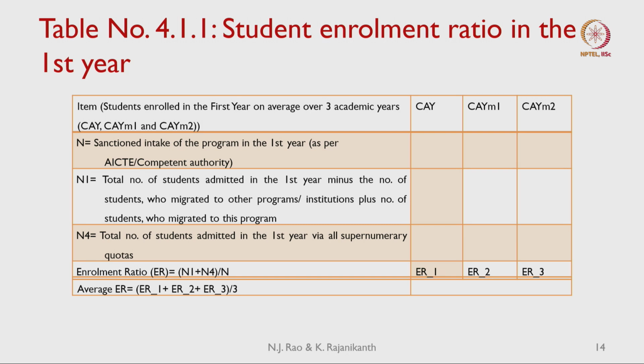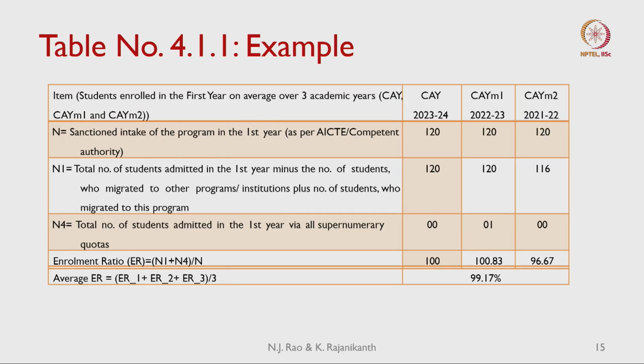Now, N4 is the total number of students admitted in first year via all supernumerary quota. Then the enrollment ratio is N1 plus N4, that is essentially all students who are into the program, divided by the sanctioned intake. For each of the 3 years, you calculate them ER1, ER2, ER3, then take the average ER. So, that is the basis for awarding the marks. Okay.